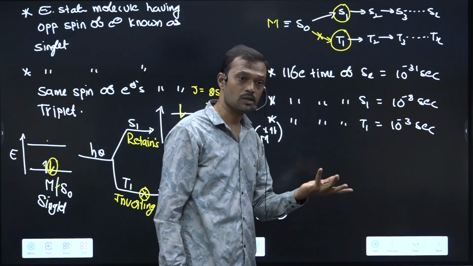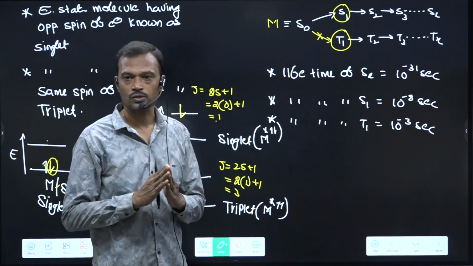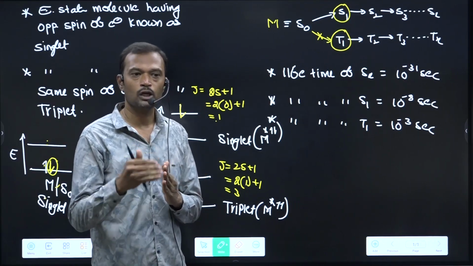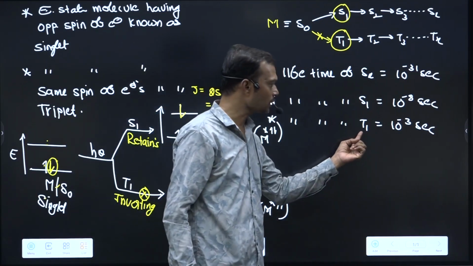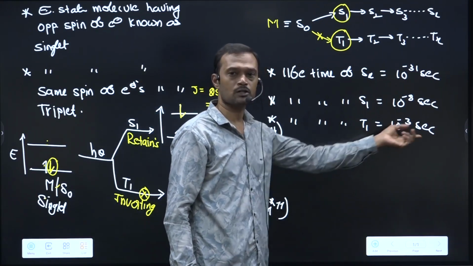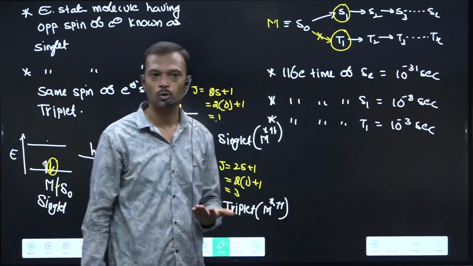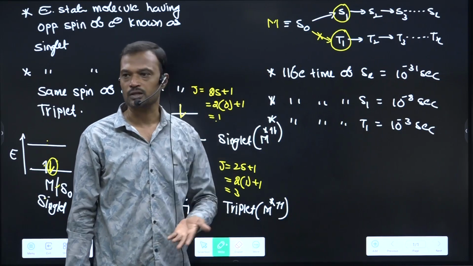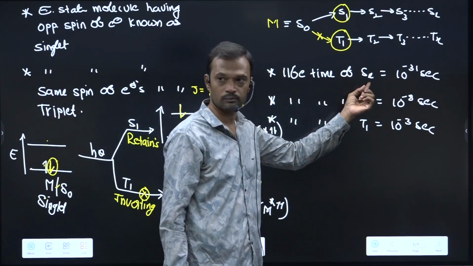As lifetime increases, stability increases, relaxation increases, and the time spent on the corresponding molecular orbital increases. When the time spent increases, chemical reactions also become possible. If you are not spending much time, there is no proper result; within seconds it comes back to the ground state.